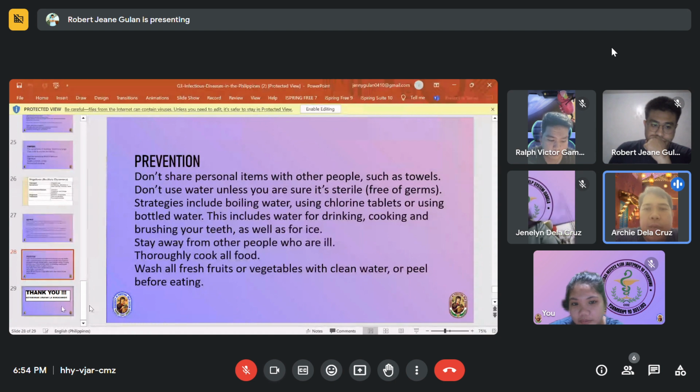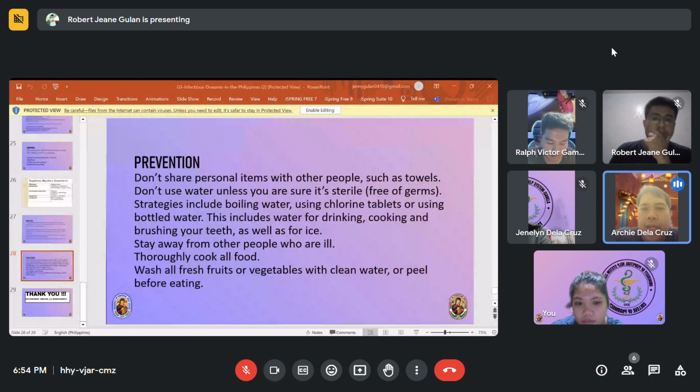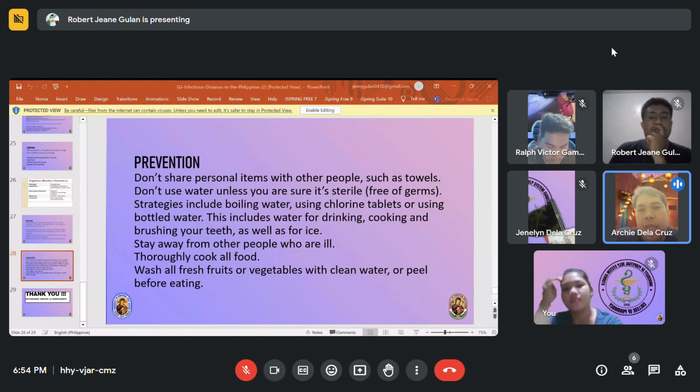Nung unang panahon kasi itong dysentery o dysenterya, talagang sakit ito na madaling kumalat. Bakit? Kasi noon, balon lang naman ang ating mga pinag-iinuman. Di ba? Balon. Tapos sa ilog, mga bukal.